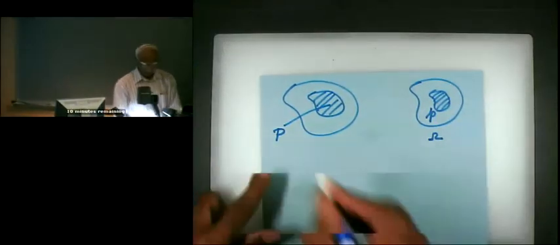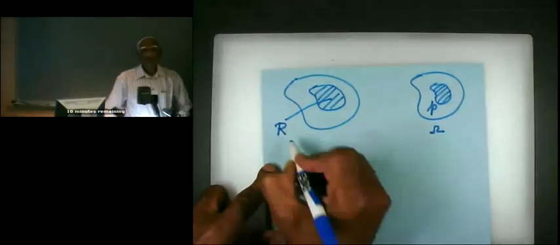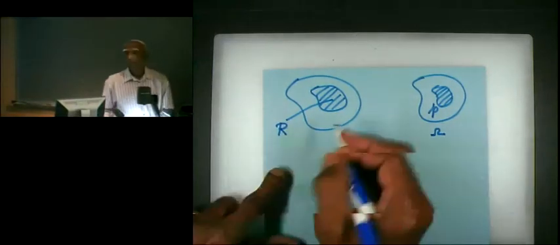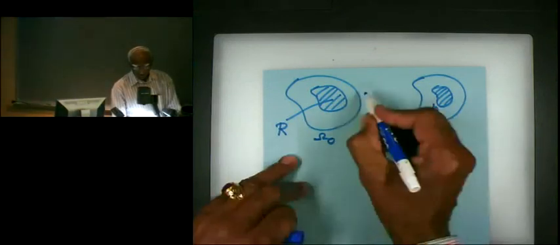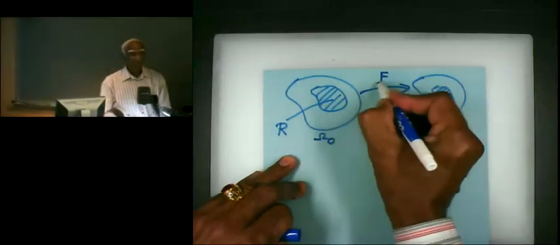Maybe we have been using P for points, so let's say it came from R. This chunk of material in the undeformed state has been deformed into this little chunk of material. Okay, so this is what F, the deformation gradient, did.